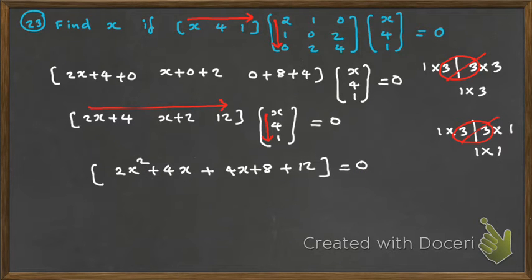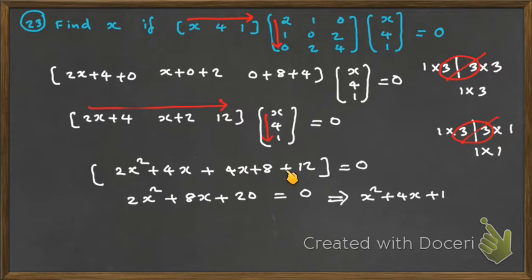And this on simplification will be 2x squared plus 4x plus 8x plus 20 is equal to 0. And of course, I didn't put the matrix symbol because the right hand side is a 0 matrix, which means every single element inside is 0. Left hand side, I have a matrix, right hand side, I have a matrix, so the corresponding elements are equal. So I just equated them.